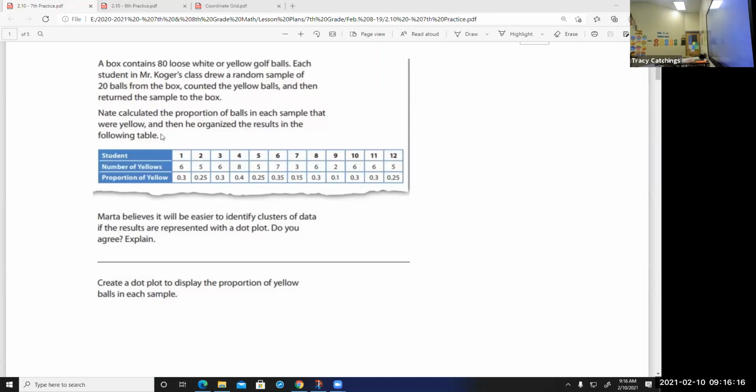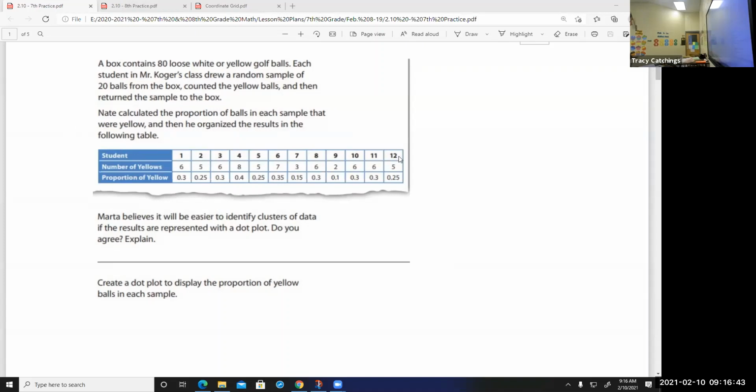All right, I'm going to go ahead and read the first one to us. It says, a box contains 80 loose white or yellow golf balls. Each student in Mr. Koger's class drew a random sample of 20 balls from the box, counted the yellow balls, and then returned the sample to the same box. Nate calculated the proportion of balls in each sample that were yellow, and then he organized the results in the following table.